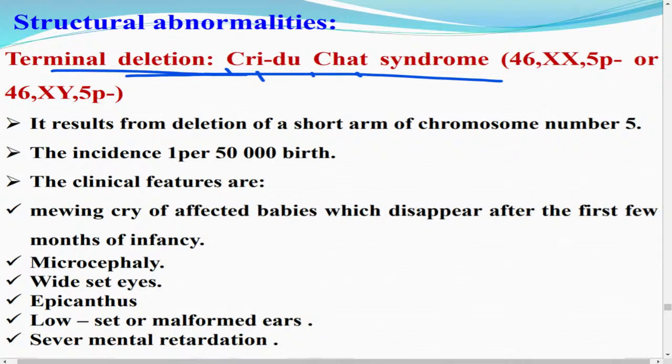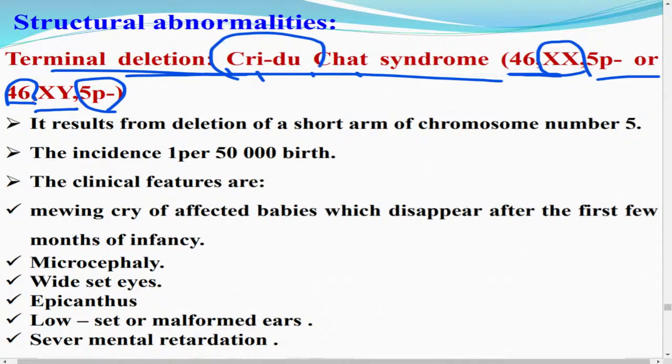Here, with 46 chromosomes in the female, 5p minus, or 46, which is the normal number of chromosomes, in the male, and the 5p minus indicating Cri-du-Chat syndrome.